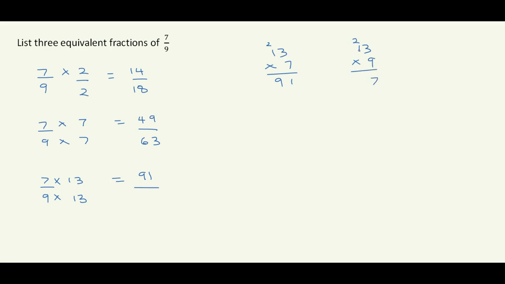We carry 2 up there. 1 multiplied by 9, we have 9 plus 2, 11. So we have 117. So 7 over 9 is the same as 14 over 18, which is also the same as 49 over 63, which is the same as 91 over 117.